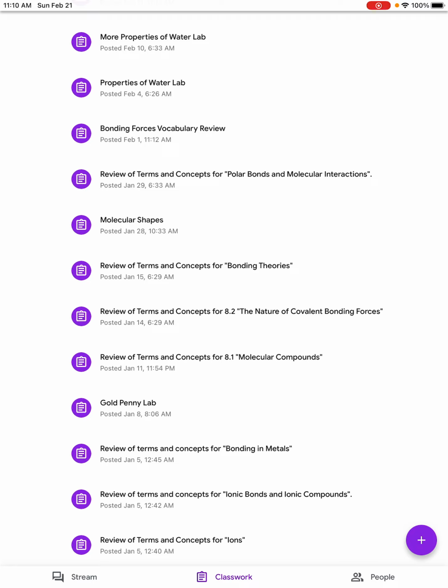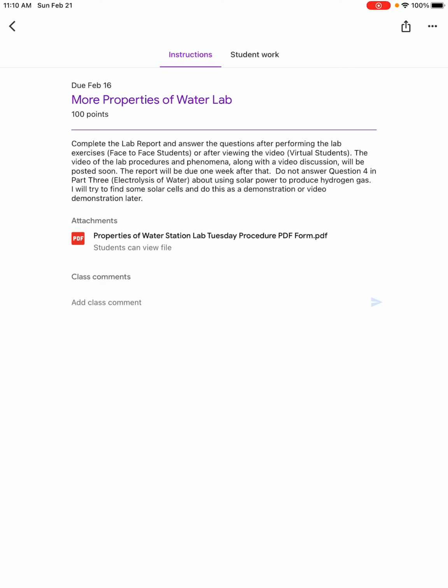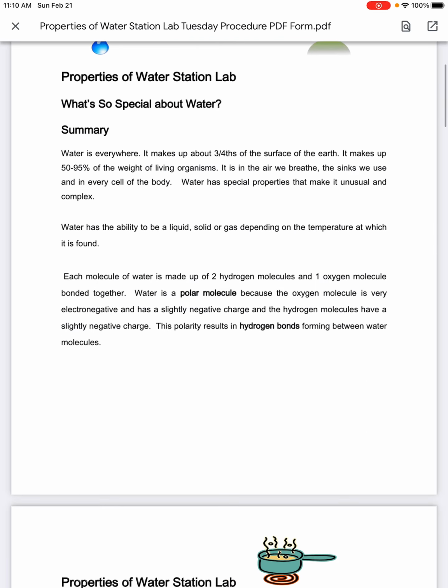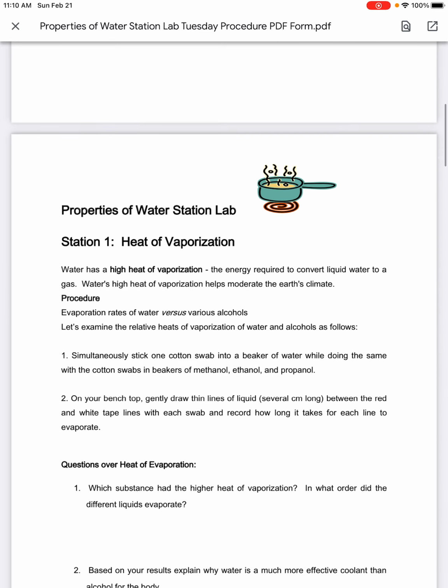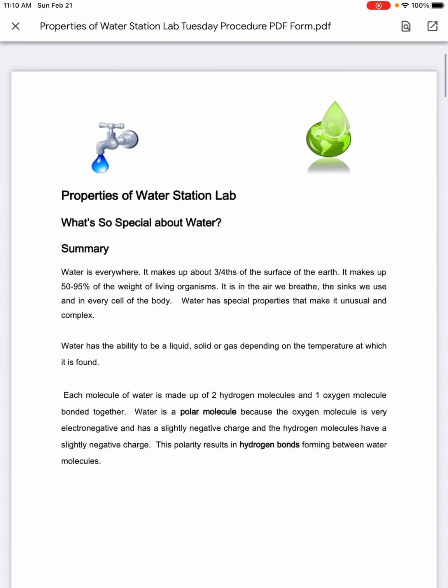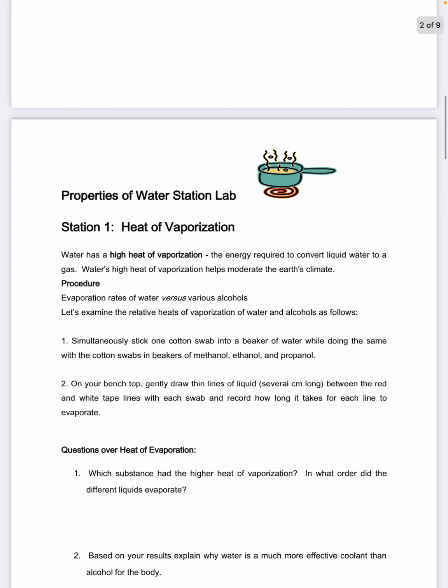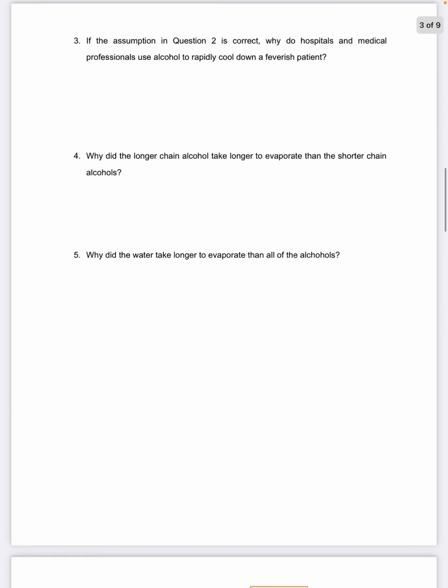Again, I'm working on an iPad right now, from an instructor's view, and we're going to look at some properties of water, high heat of vaporization.